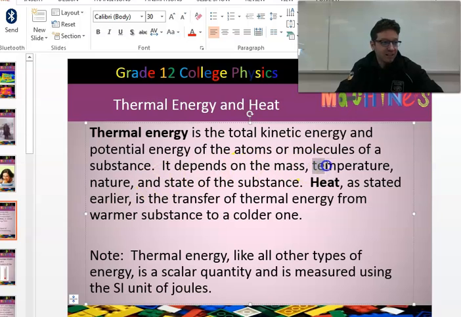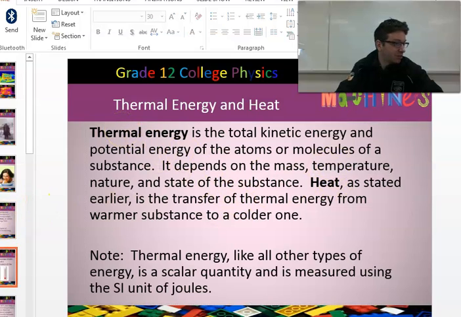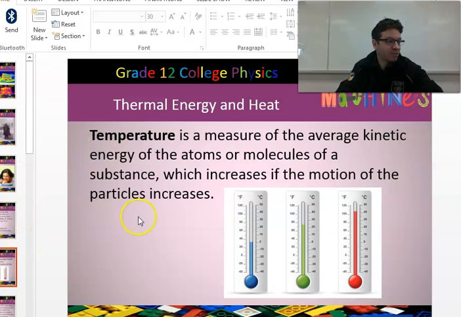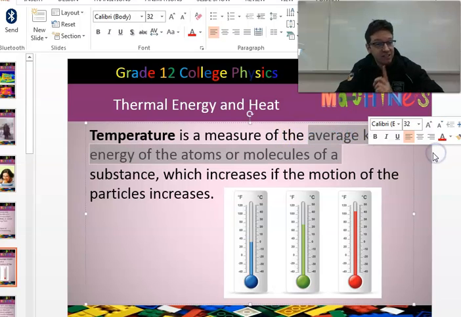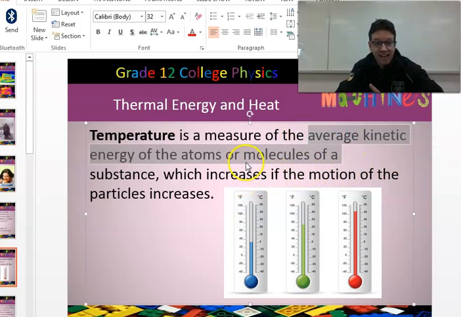Okay. Temperature is also not thermal energy. Okay, temperature, I think I go over this here. Yeah, I'll bounce back to the previous slide in a second. But temperature is the measure of the average kinetic energy only of the atoms. So you'll have a substance and you'll have the atoms whizzing around everywhere. If you can look at the average of all of that motion, that's the temperature.